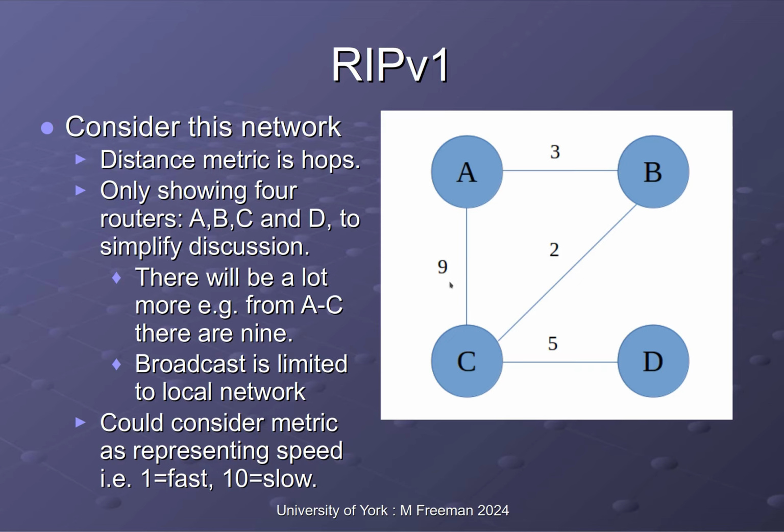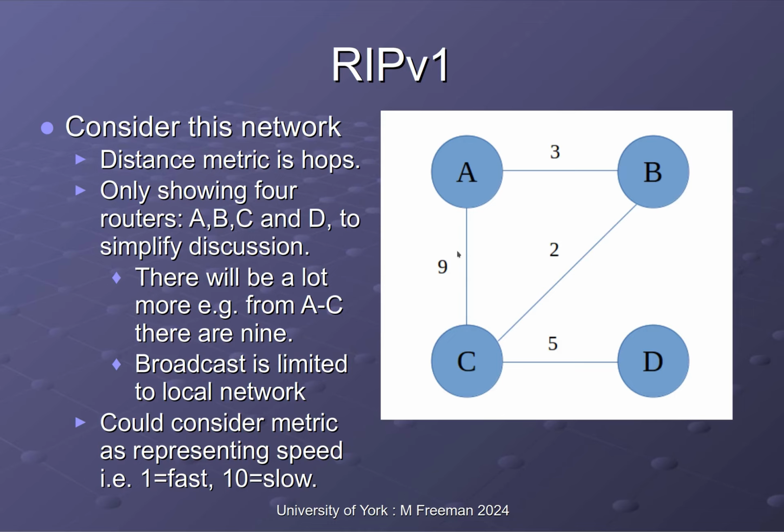So what is the 9? Well, strictly speaking, it's the number of hops. That's what RIP uses. So it's the number of routers in between you and where you want to go. Technically speaking, I should have put 9 more blobs on this link to show that it's 9 hops from A to C. But as you can imagine, that would be quite a complex diagram to visualize and draw. So to simplify, for the purposes of this example, I've removed those.